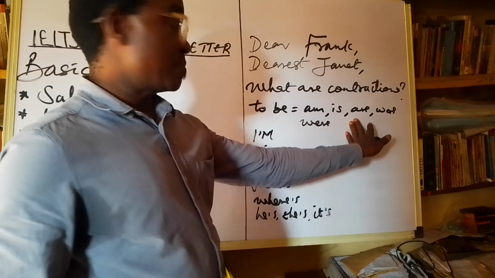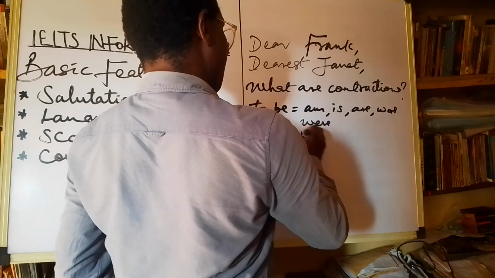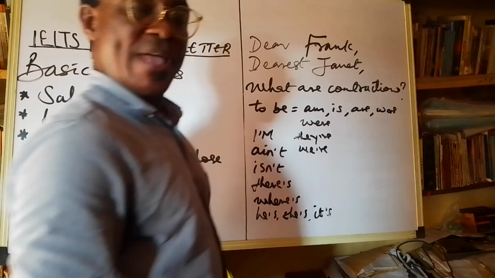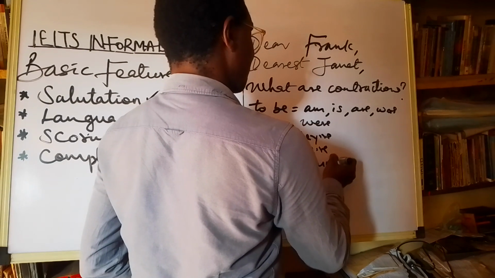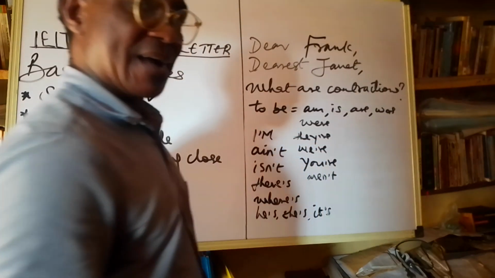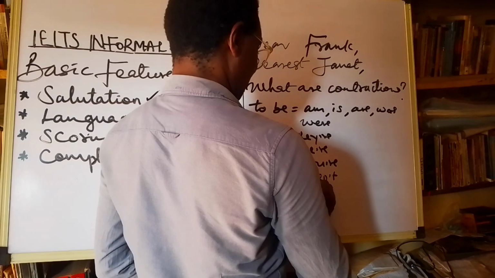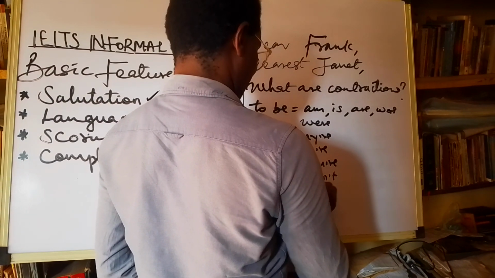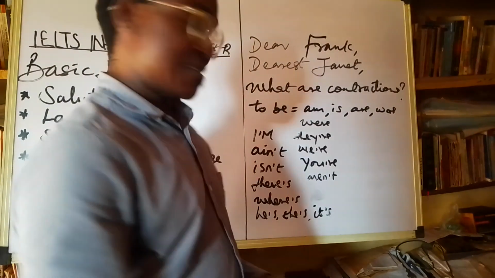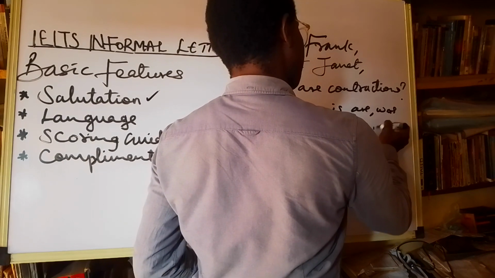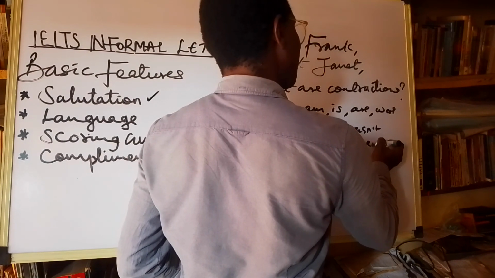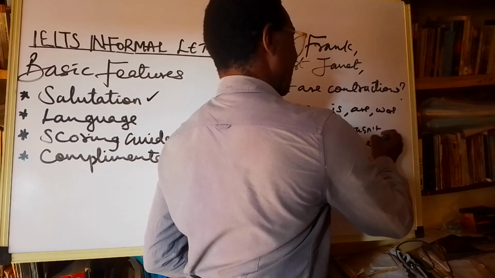And from the verb are, we get there're, where're, you're, aren't, and from was, we get wasn't, and from were we get weren't.